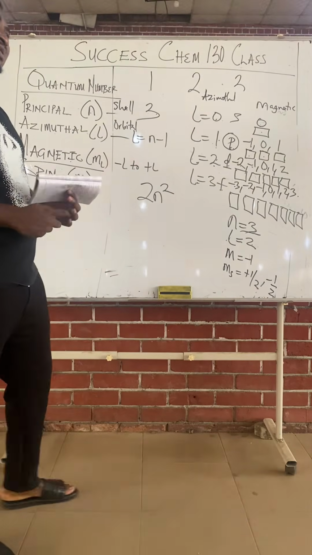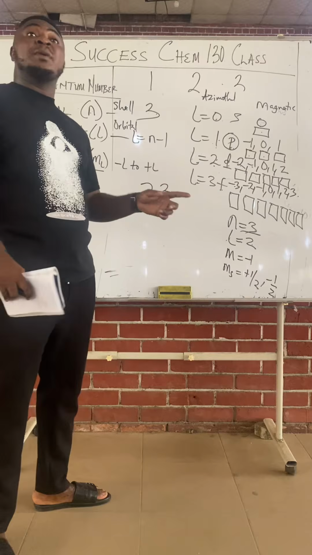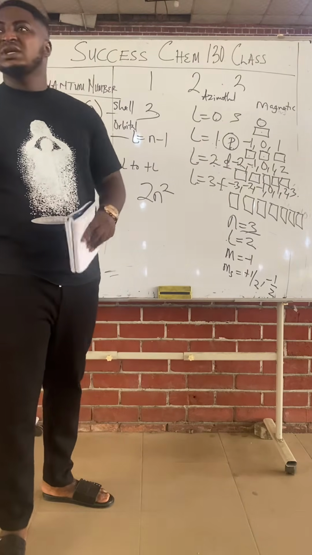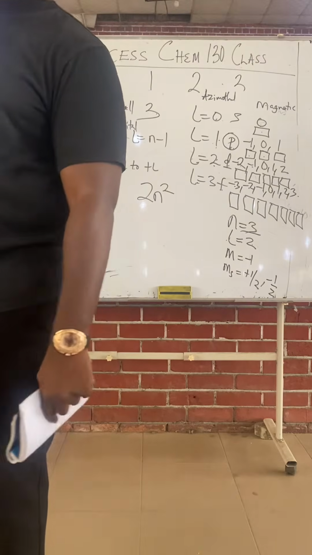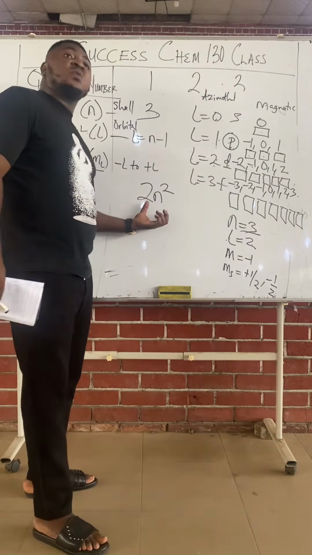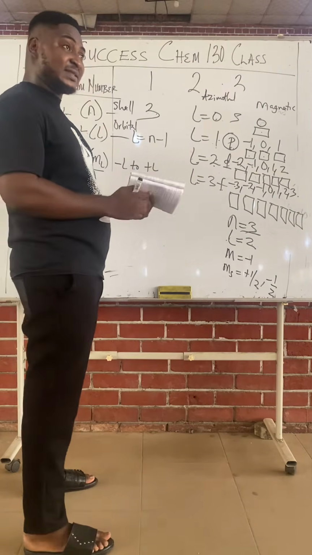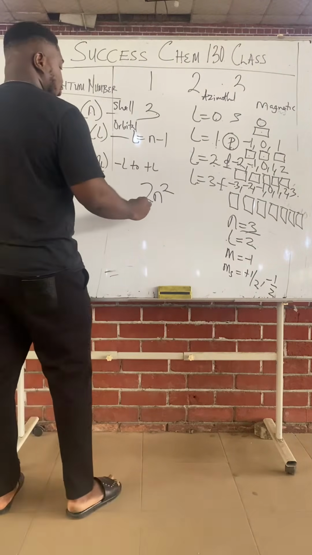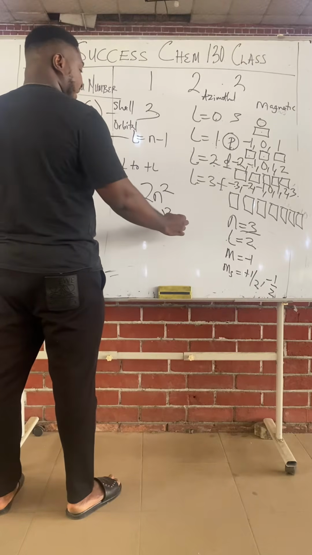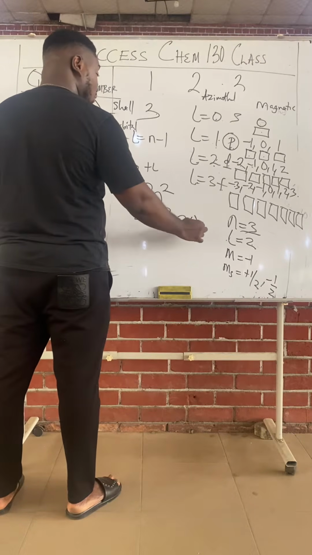2n squared, where n represents the number of the shell. If you have to determine the maximum number of electrons where n is 1, you say 2 into bracket 1 squared, which is 1, so 2 times 1.